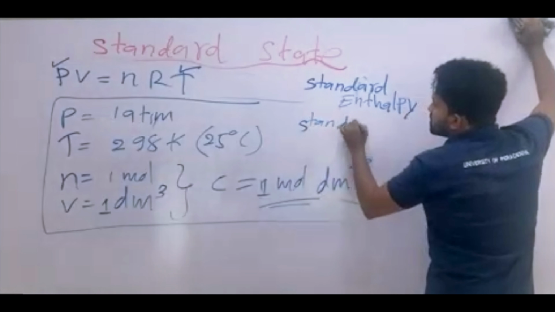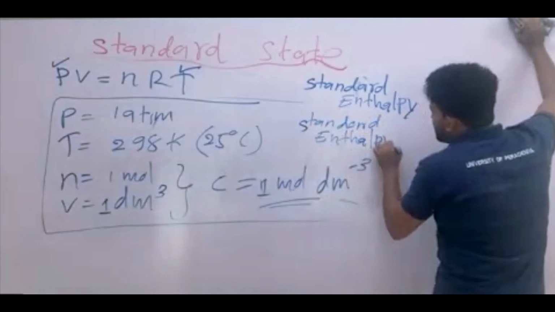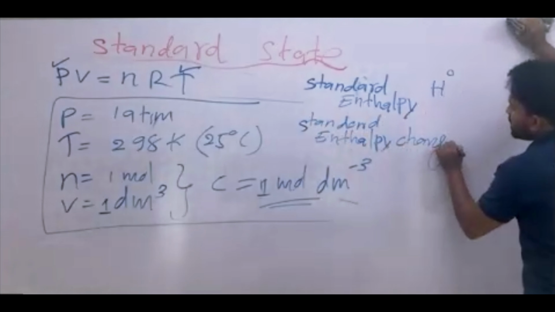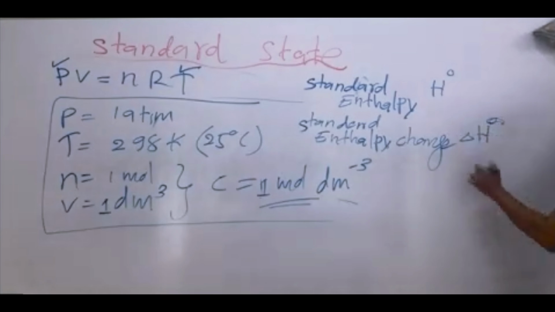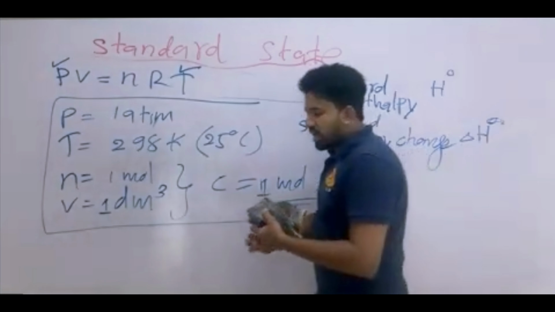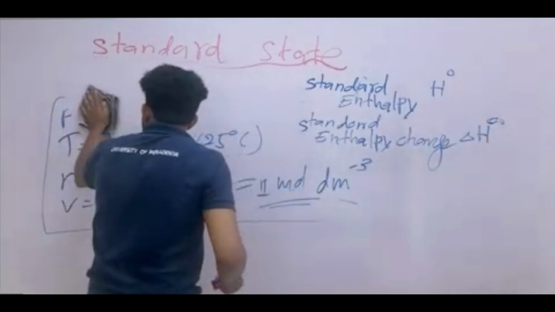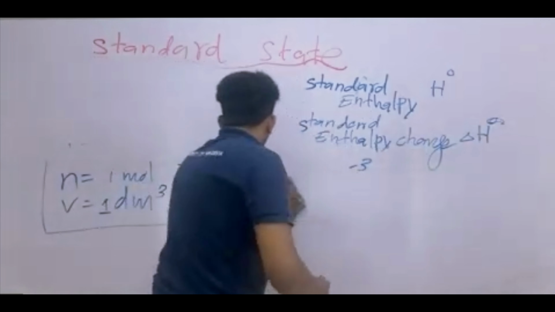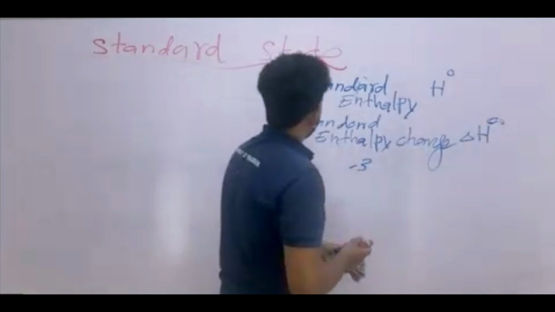Standard enthalpy change is delta H theta naught. The same thing we can write for entropy and the Gibbs free energy.